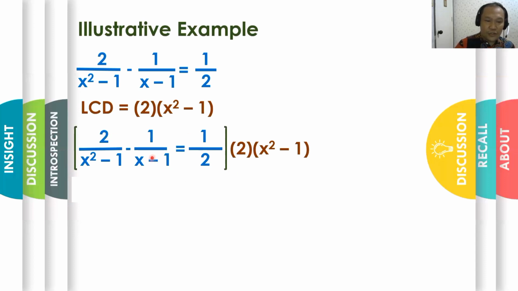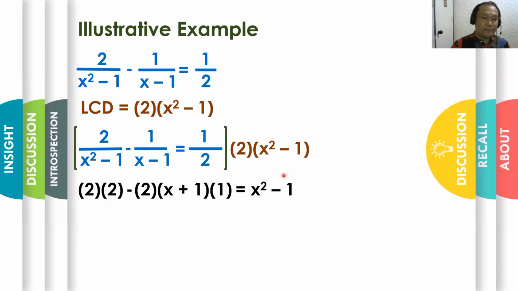Same thing for our second expression, which is the subtrahend. Okay, we do have 2 times the quantity x squared minus 1 divided by x minus 1, then multiplied to our numerator. And same thing with 1 over 2.